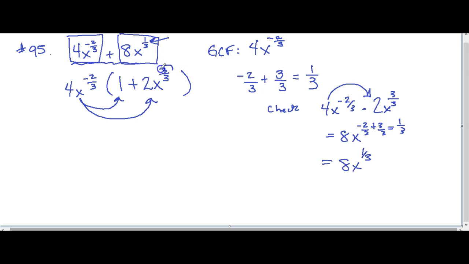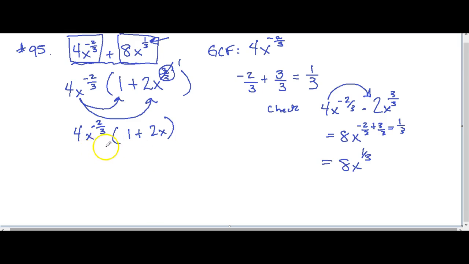Then I'm going to simplify that to the power of 1, and I'll get 1 plus 2x, times 4x to the negative 2/3.